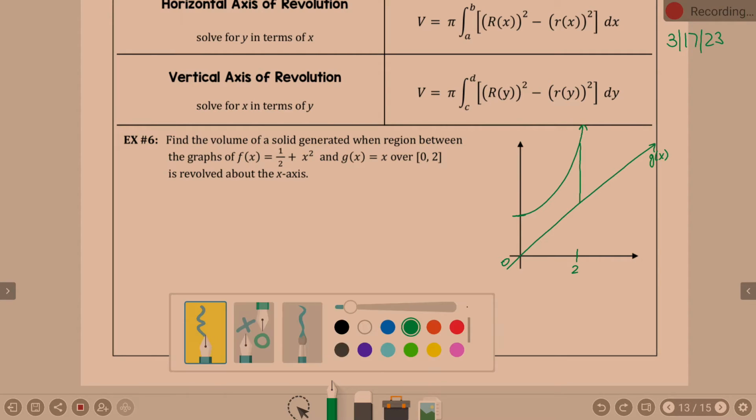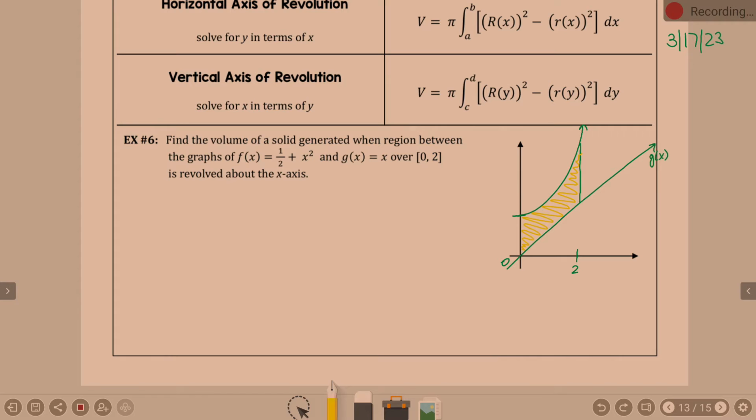I don't know how this yellow will work, but we are revolving that piece right there, right? And we're revolving it around the x-axis. That yellow is probably not my best friend there, is it?